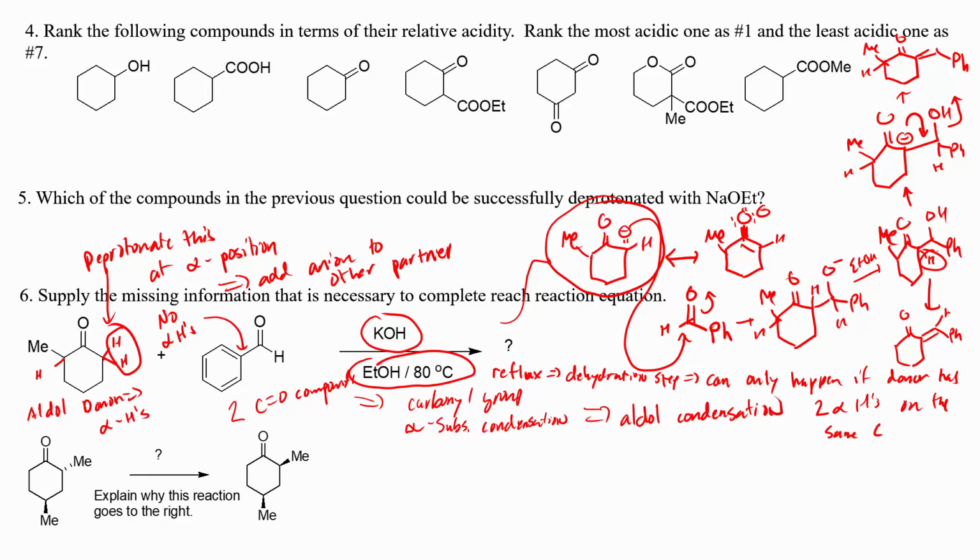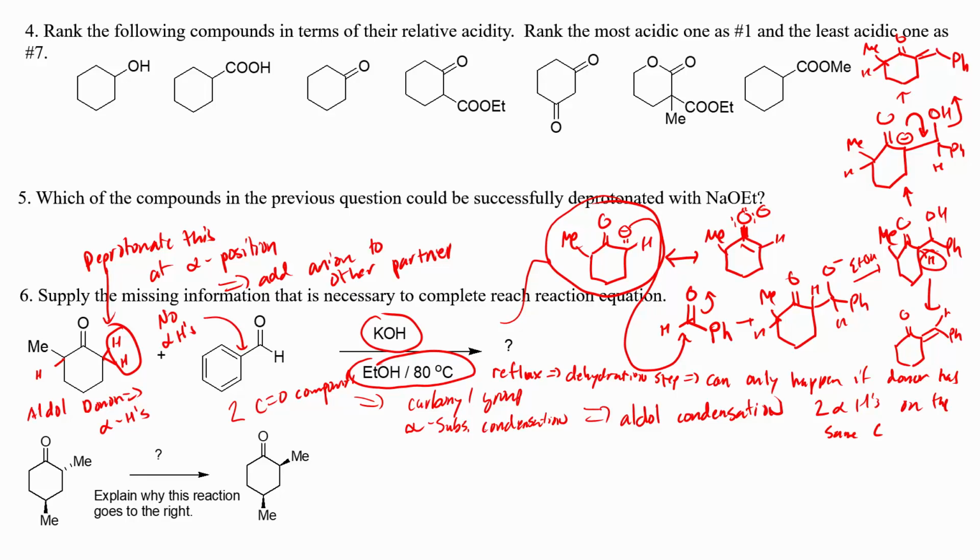I've been told that OH minus is not a good leaving group. How come it's a good leaving group here? Good question. That's because it's already got a negative charge, so it's already a fairly high energy species. So it can kick out the OH minus because it's already an anion.